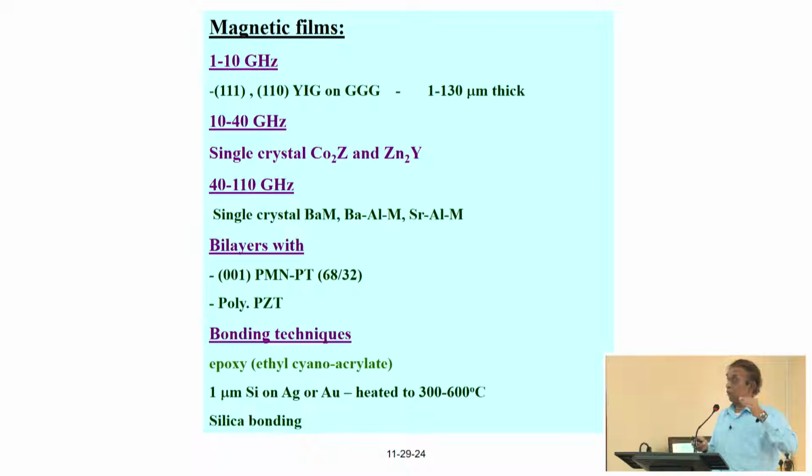It is in the form of a cylinder, and then you can put together this kind of system to make a long rod of single crystal M type ferrite.